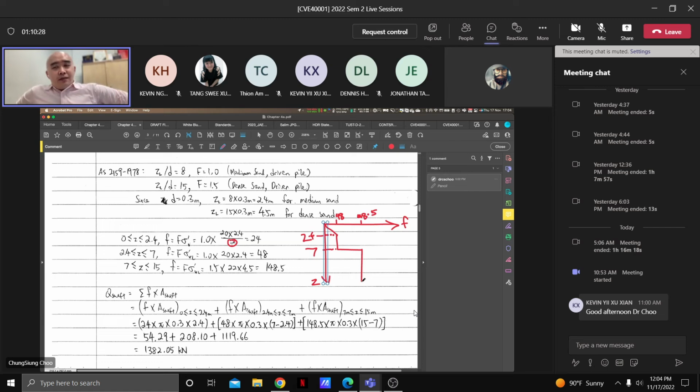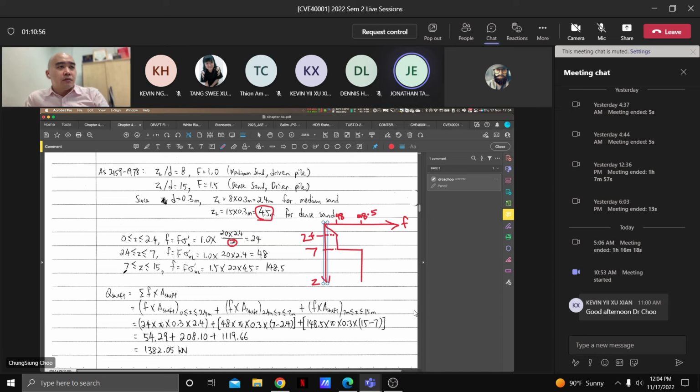So why is it this distribution and not the one that you drew? The reason is because of this. 4.5 meters. The dense sand is already at a depth of 7 meters, so it's already beyond the limiting depth. It's already at the limit, so it just jumps straight up to 148.5.